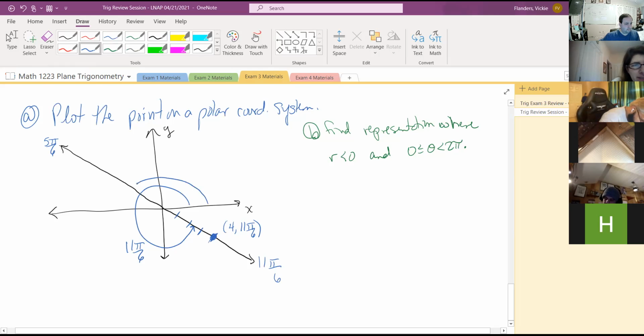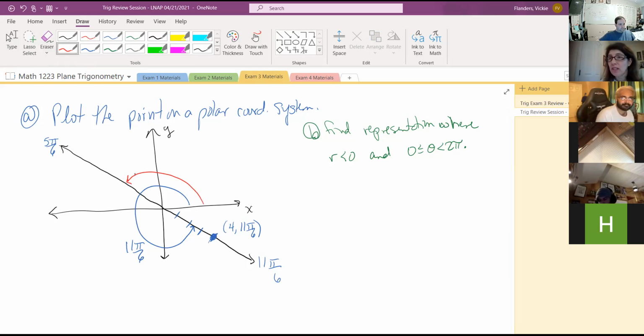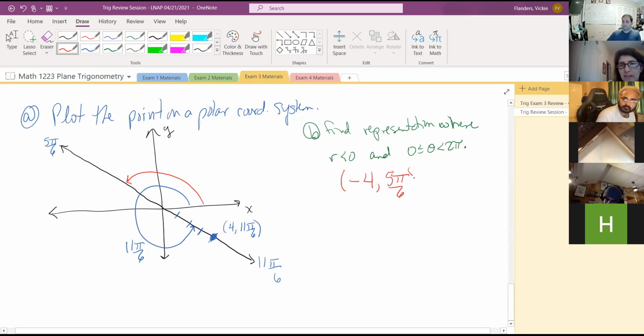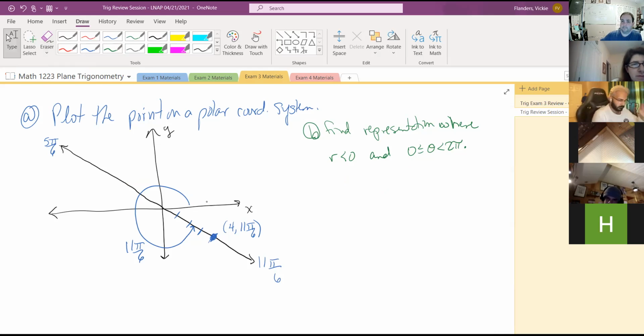The negative r would make it land opposite the pole on the same line as the terminal side of theta, which is actually 5 pi over 6. So this point would be -4, 5 pi over 6.